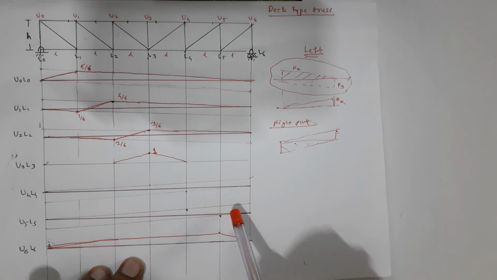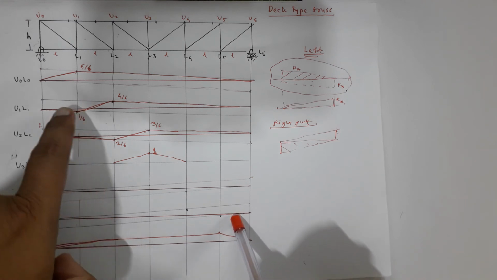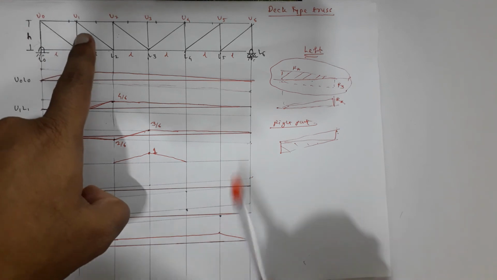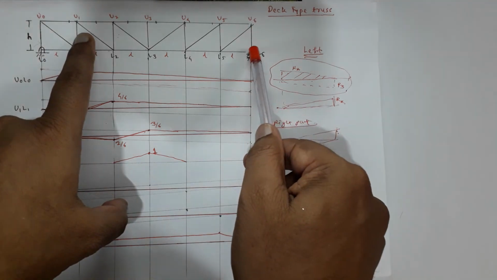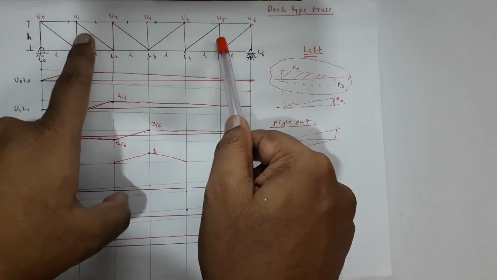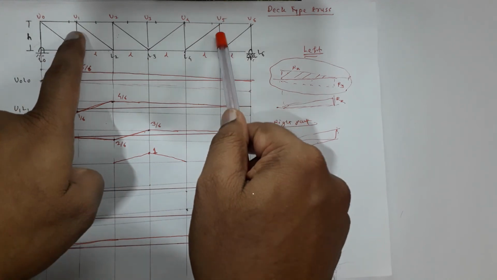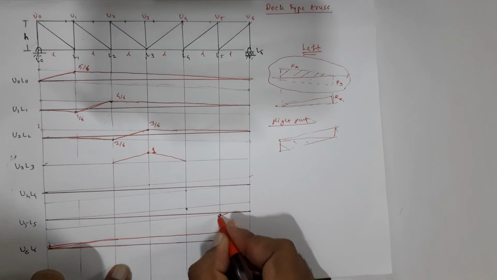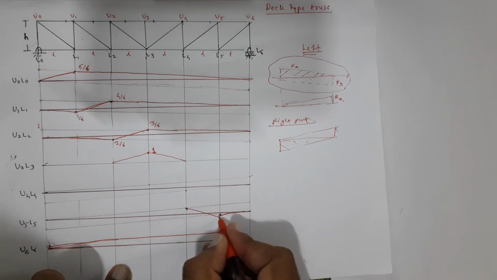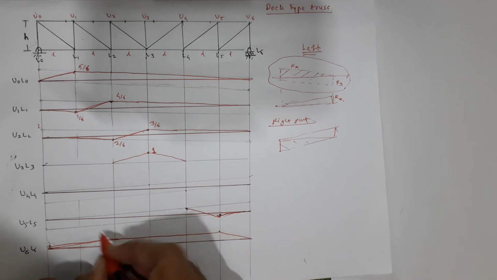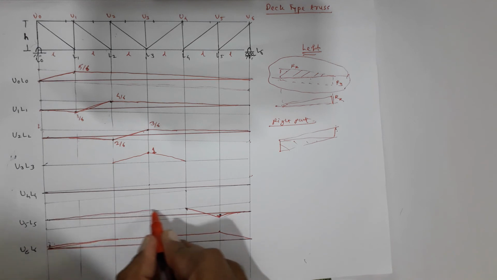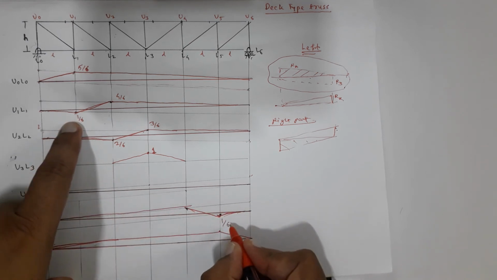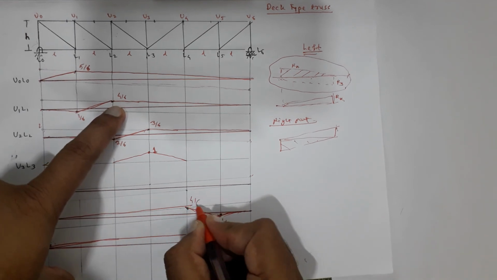Now the ILD for this member U1 L1 is the member next to U0 L0, and U6 L6, the next member is U5 L5. So U1 L1 and U5 L5 are going to have the same ILDs. So mark it below, and this will be the ILD. This is going to be 1 by 6 and this is going to be 4 by 6.